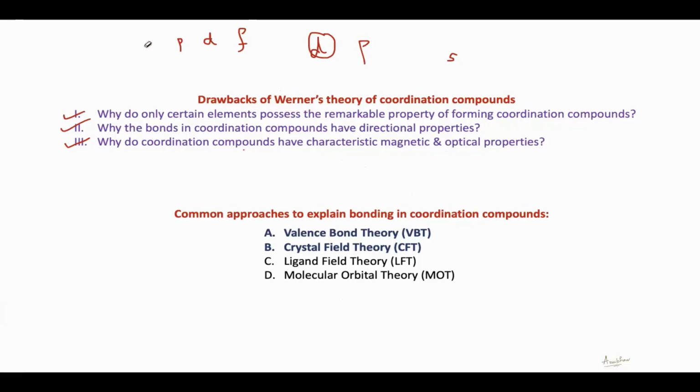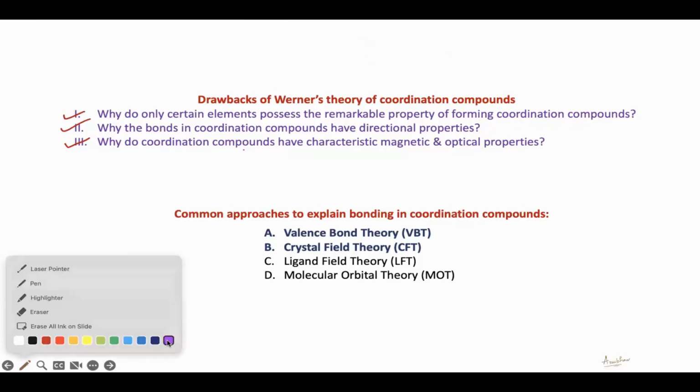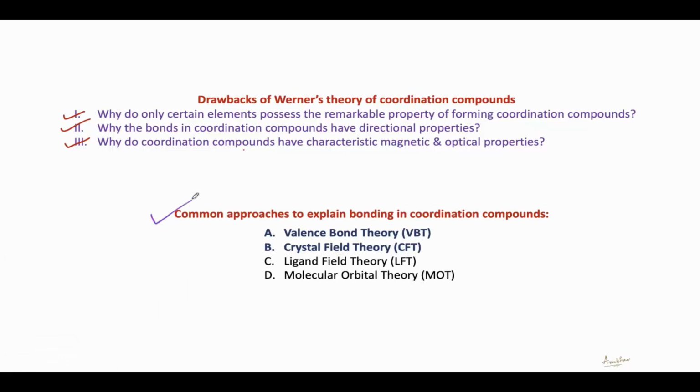Not all elements in the periodic table are able to form a coordination compound. So that's why several theories have been proposed to explain the bonding in coordination compounds.